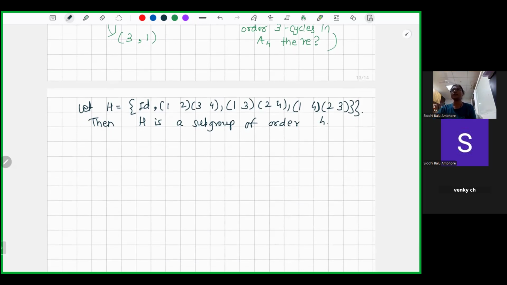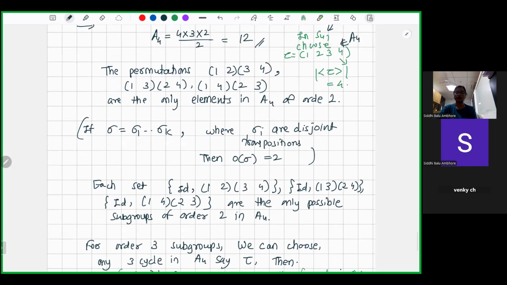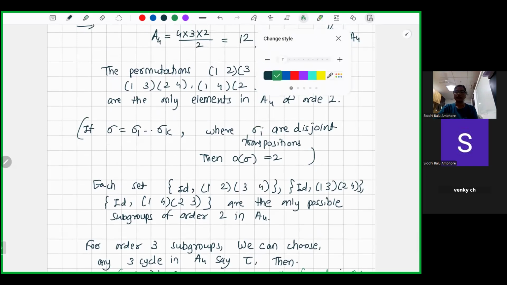The only thing which we need to check here is whether AB inverse is in H again or not. And note all these elements here are those elements of order 2 which we calculated for obtaining subgroups of order 2.